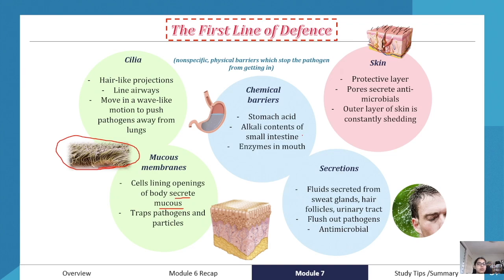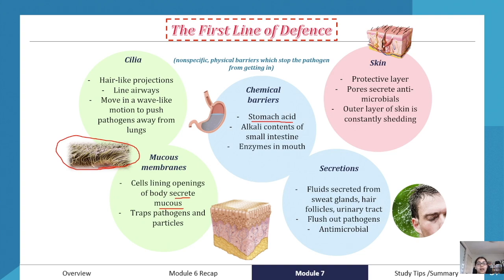Then we've got chemical barriers. These chemical barriers include, for example, stomach acid. Stomach acid is very strong, very acidic, and it is super important in ensuring that any harmful bacteria don't survive those conditions.